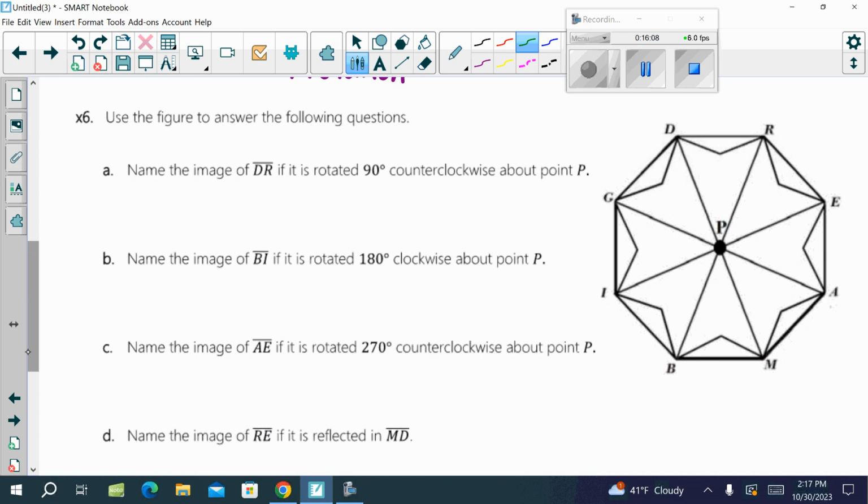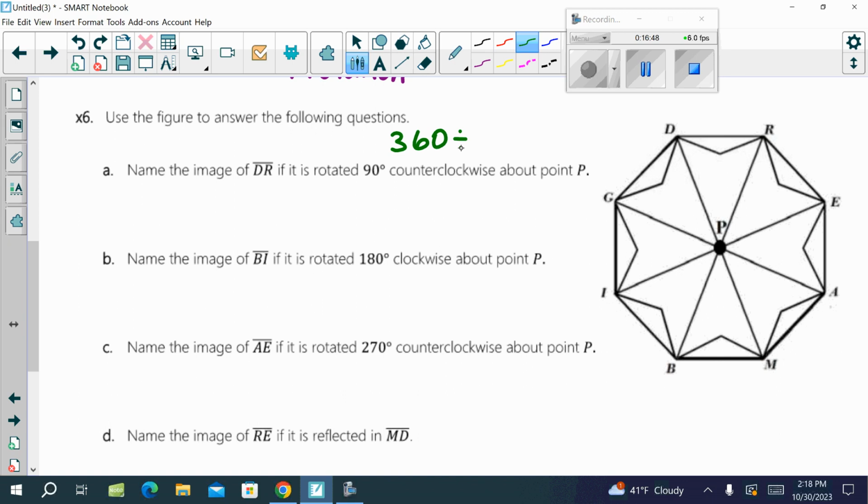So it says use this figure, and before we even start any of these rotations, what do you think we should figure out? We're trying to rotate from one spot to another using different degrees, and you've actually done something similar to this. Should probably figure out the angle of rotation. Okay, so 360 degrees divided by your angle of rotation?